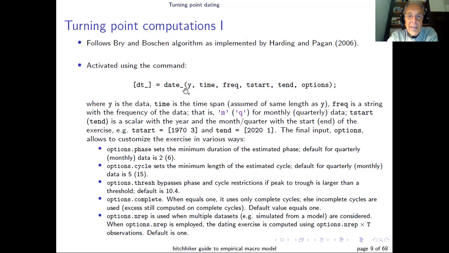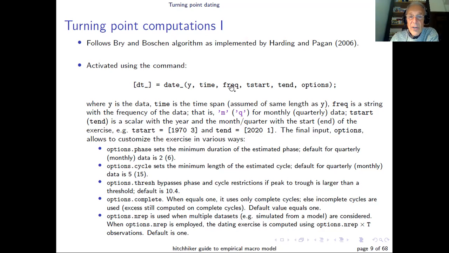The date underline function takes as input 6 possible inputs, and there is an output called dt, which is a field that contains a lot of stuff.